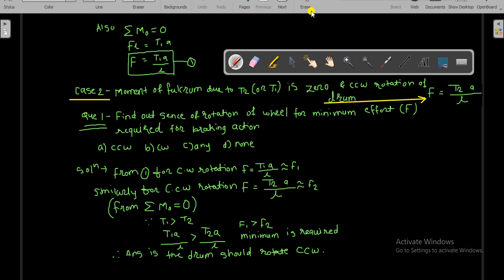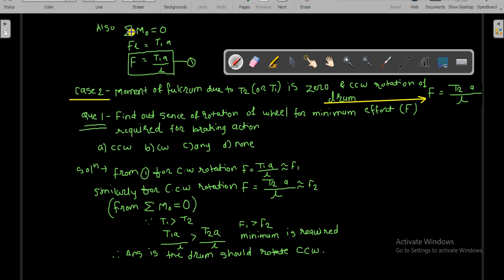What will be the required external force, applied force or effort to stop the rotation of the wheel? For that we will use the static equilibrium formula, as the band is not rotating, that is, the band is static.